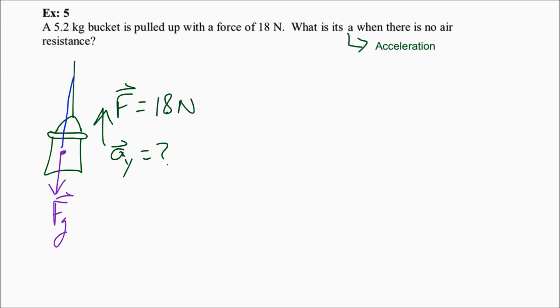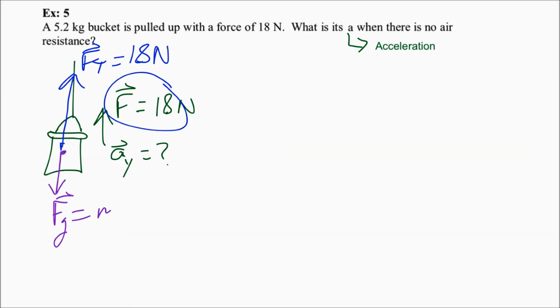So we're going to pull upward with a force of tension, and that force of tension is this right here, this 18 newtons. Okay, and we know that the force of gravity is equal to m times little g, and we know that that little g is going to be negative.